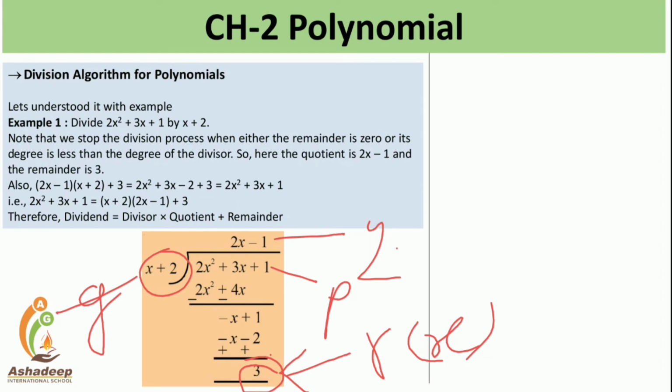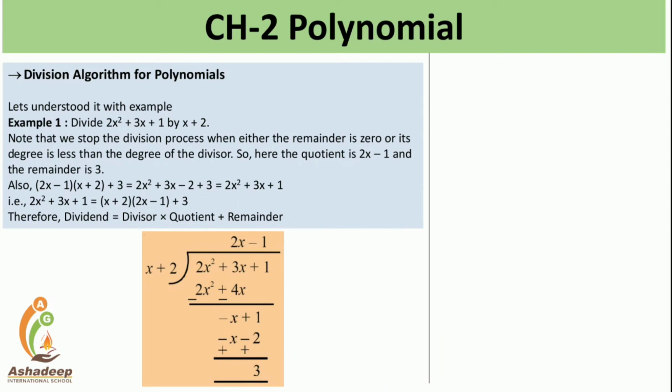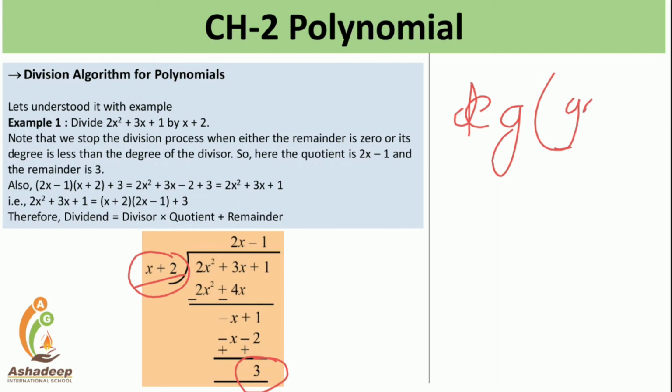Okay, one more thing that you need to observe here is the degree. What is the degree? We saw that in the beginning of this chapter. Degree is the highest power of any polynomial. So here we need to observe the degree of divisor and remainder. What is the degree of divisor g of x? It is 1. And what is the degree of the constant term?